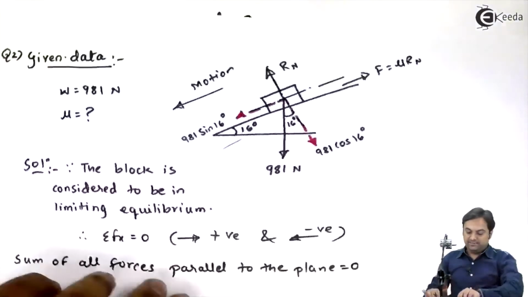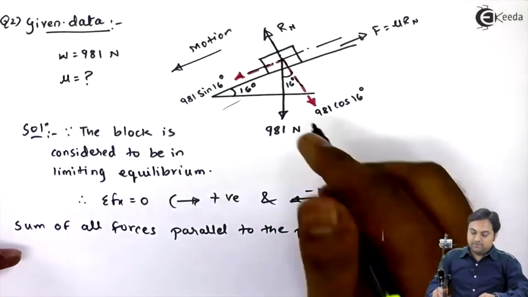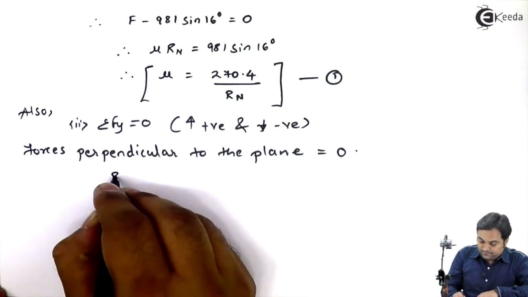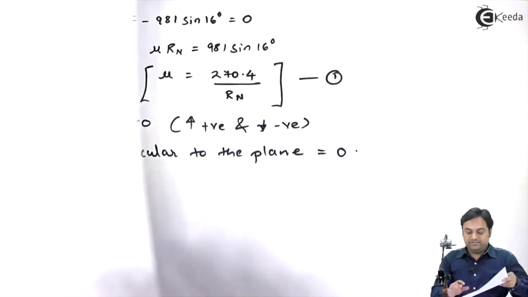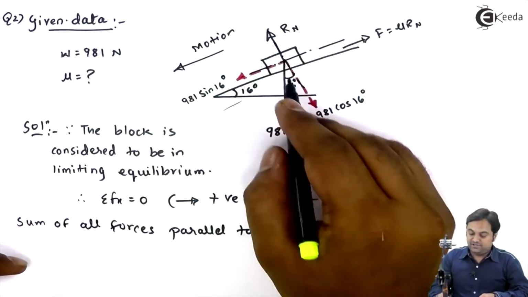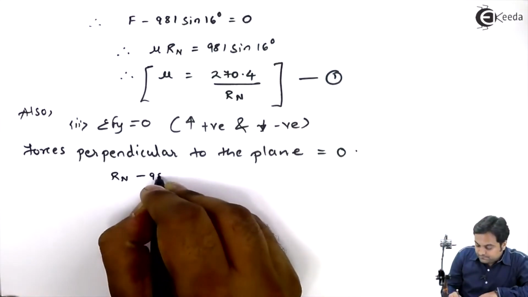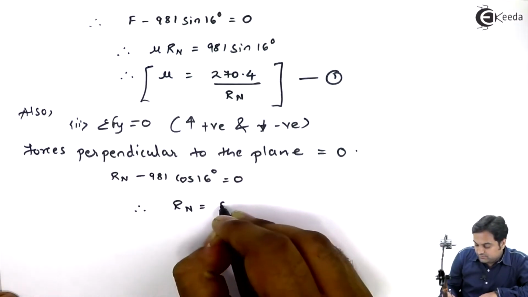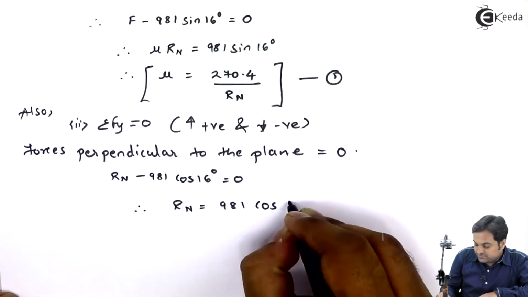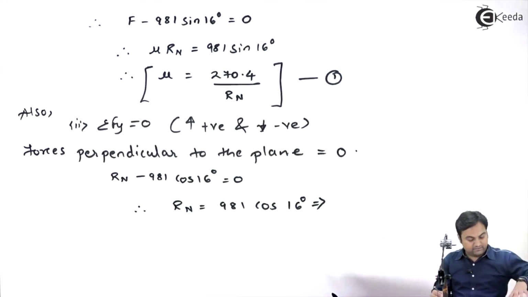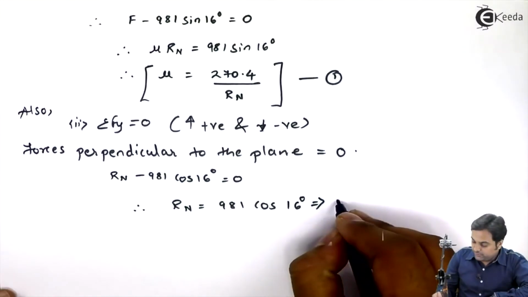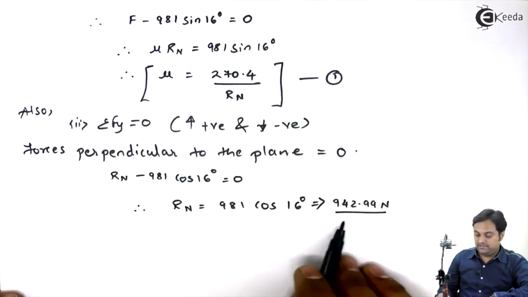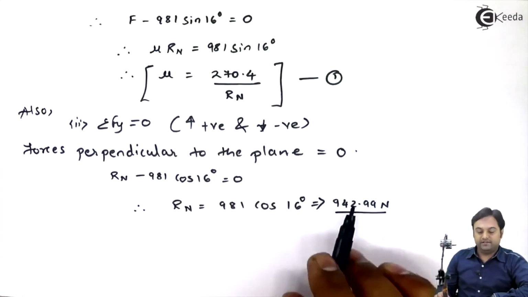If I look in this diagram, Rn is perpendicular to the plane, so Rn should be taken as positive, and it is upward, that is why positive. 981 cos 16 is downward, so negative. Therefore Rn is equal to 981 cos 16 degree, whose value if I calculate, it will be 942.99 Newton.